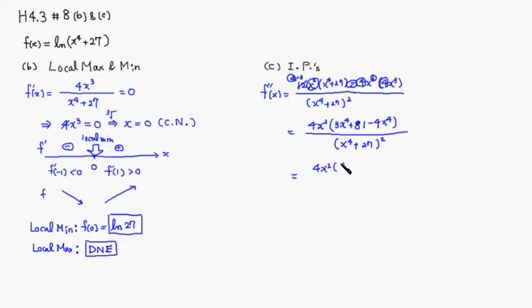And then you have 81 minus x to the fourth, right? So then you have x to the fourth plus 27 squared. All right, and then we set this equal to 0, right? So we can find the x coordinates of possible inflection points.